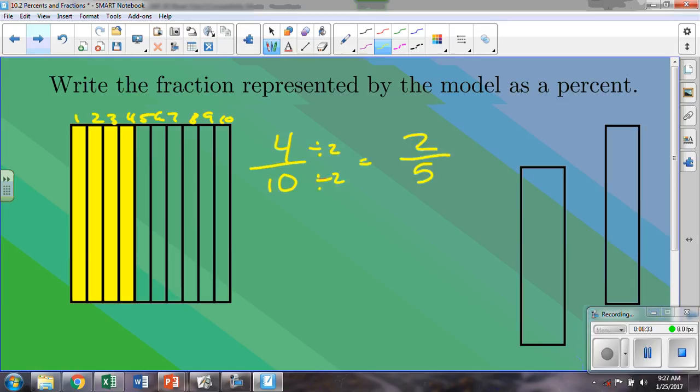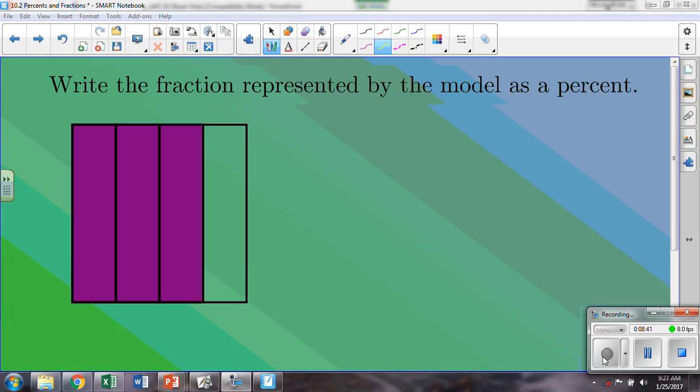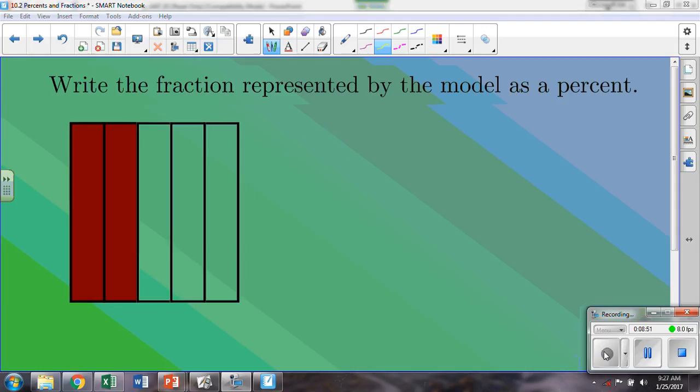There's our fraction, 2 over 5. What about here? 3 shaded out of 4. There we go. And this fraction, 2 shaded out of 5.